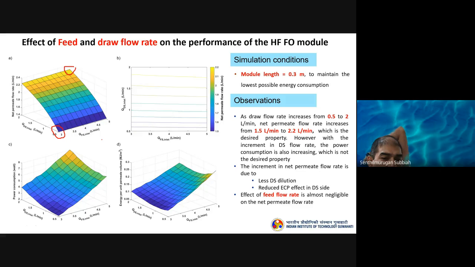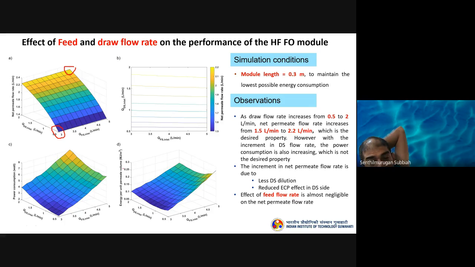Another aspect, if we look, the permeate is varying, and if you take energy per unit permeate volume, which is very important: how much water is produced is one factor, but the other side is how much water per unit energy consumption.